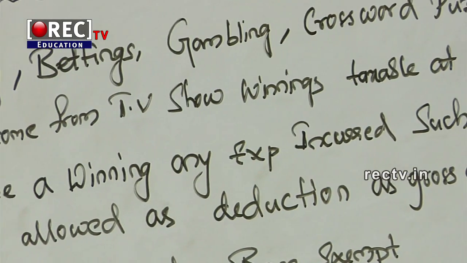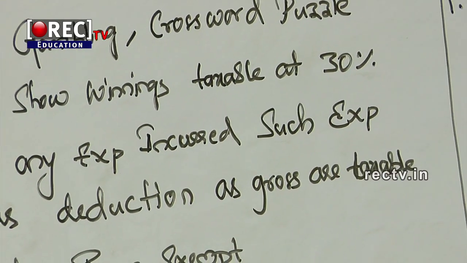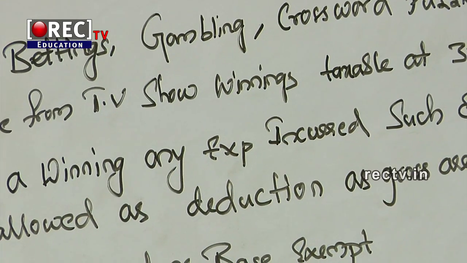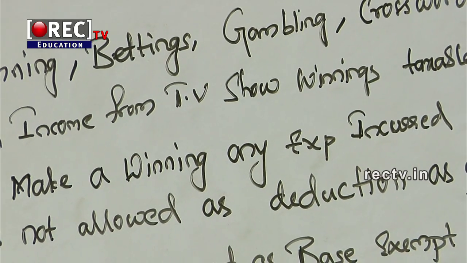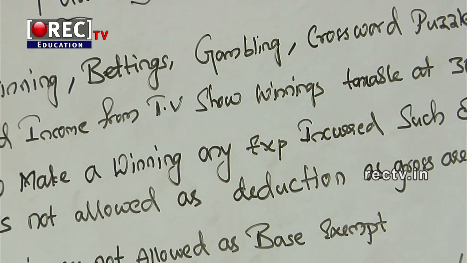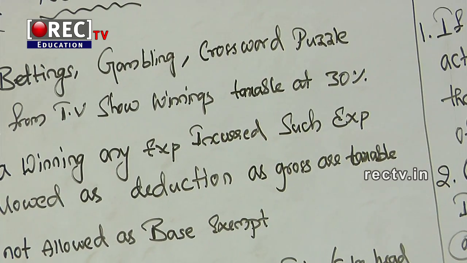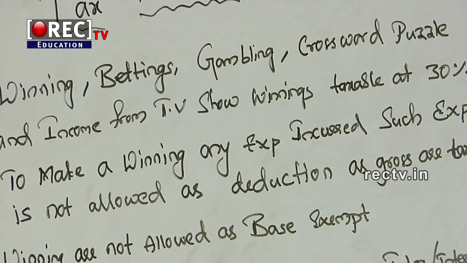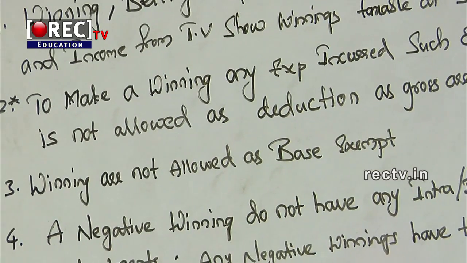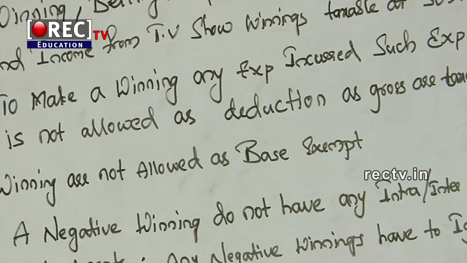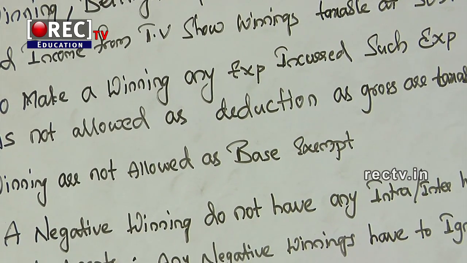Any expenditure incurred to make a winning is not allowed as a deduction, as gross is taxable. And winnings are not allowed the basic exemption.